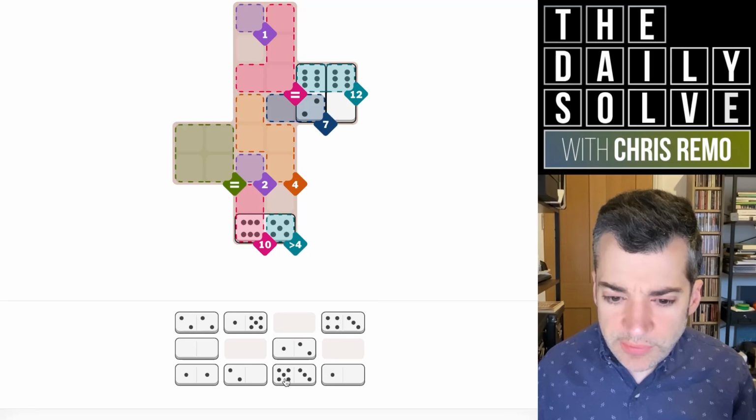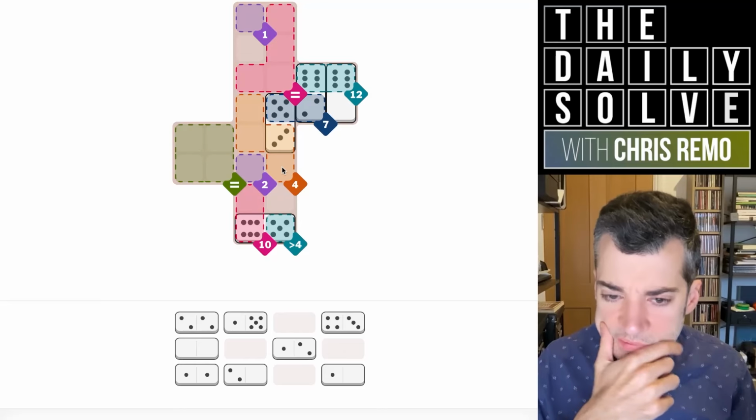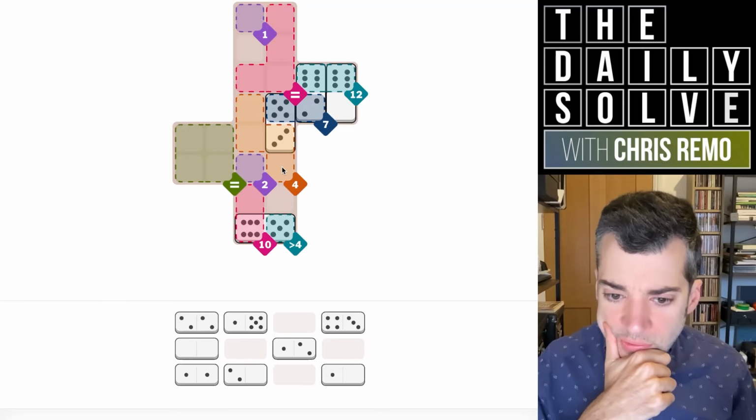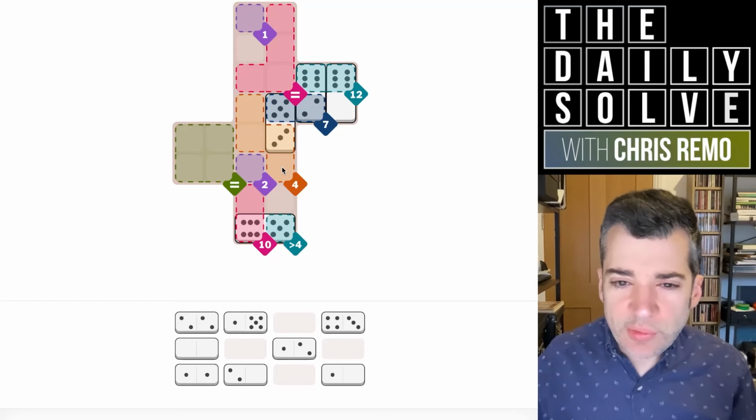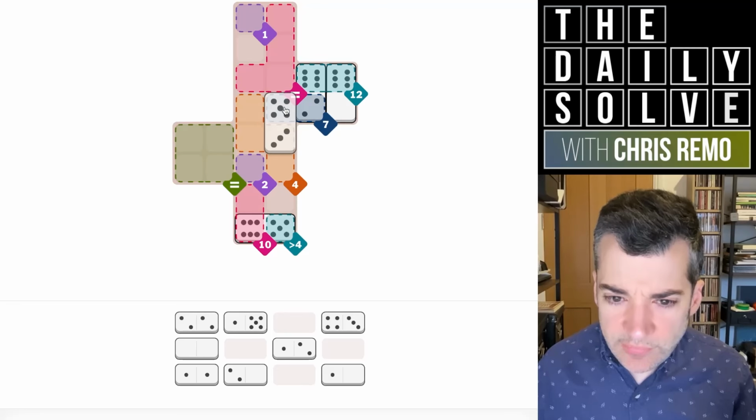I think 3 is difficult, because if it points into the 4 region in some direction, then the only things left that can go in the 4 region are 0s and 1s: a single 1 and 2 zeros. That's possible. That's impossible, right? Because then this wouldn't have any candidates left. So that can't point down there with a 5, 3.